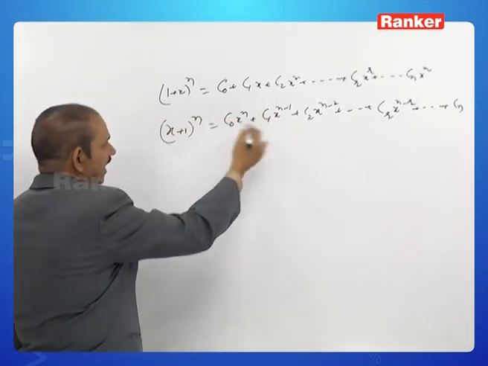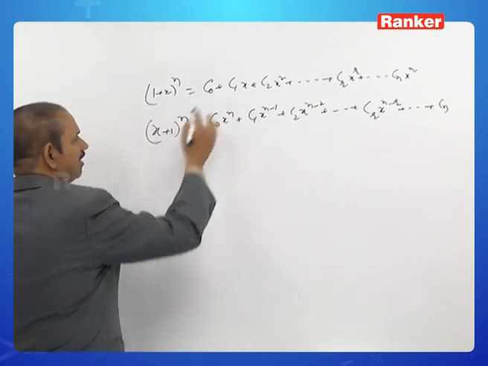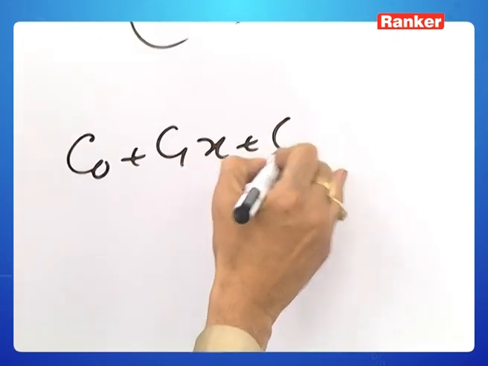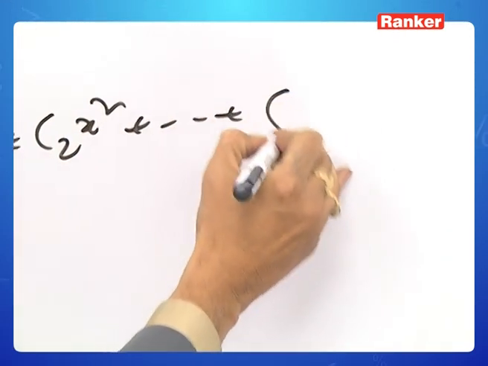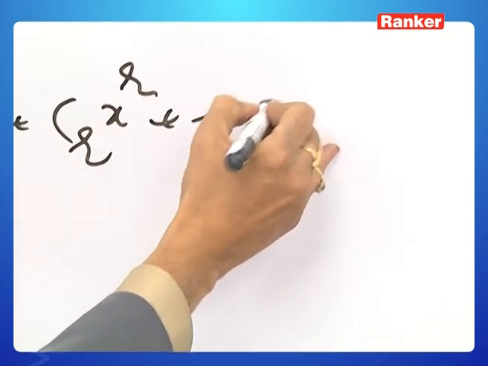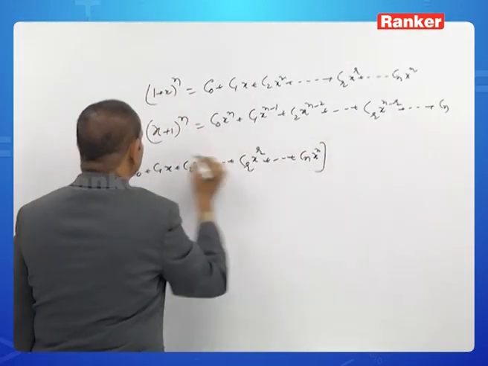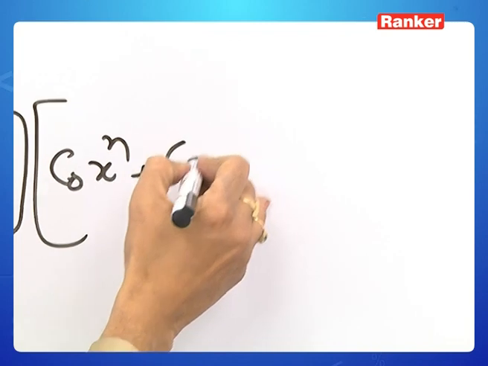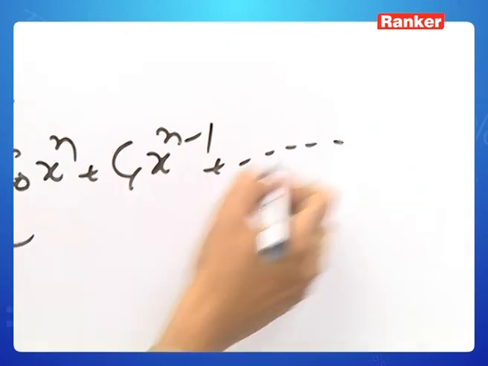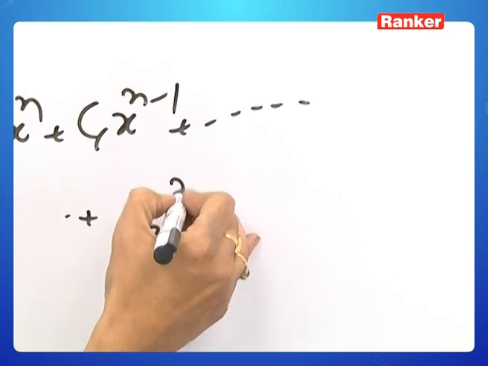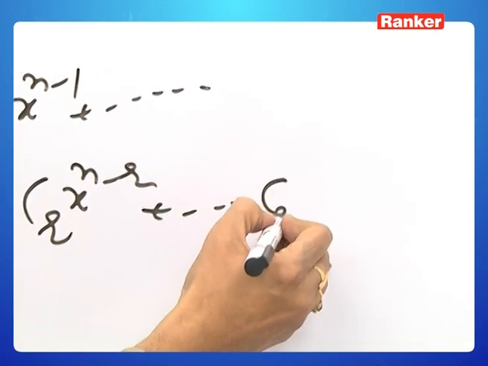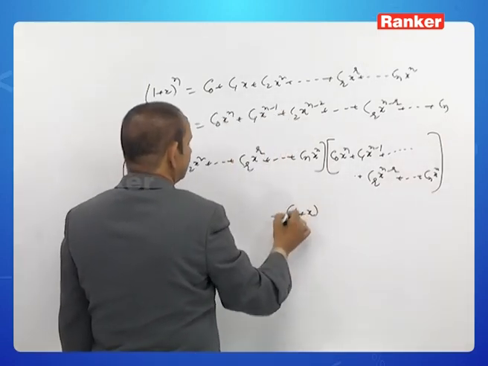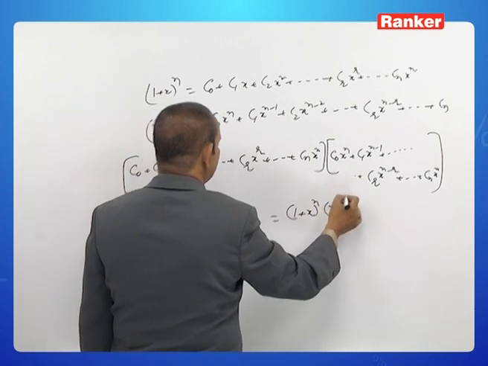Now you multiply these two expansions, RHS of 1 into RHS of 2. What happens? C0 plus C1x plus C2x square plus etc. CR x power r plus etc. Cn x power n into C naught x to the power of n plus C1 x to the power of n minus 1 plus etc. plus CR into x power n minus r plus etc. Cn into x to the power of n is equal to 1 plus x whole to the power of n into x plus 1 whole to the power of n, correct?